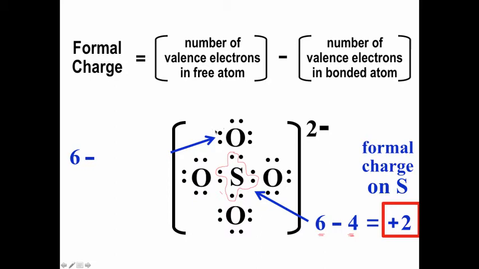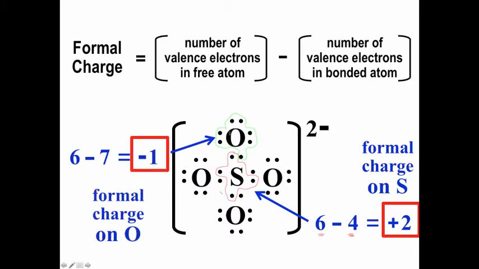Why did that not work? Let's try again with the pen, and let's do green this time. So these electrons, 1 electron here, these and these, so that's 7 electrons that are associated with the oxygen, so it has a formal charge of -1.